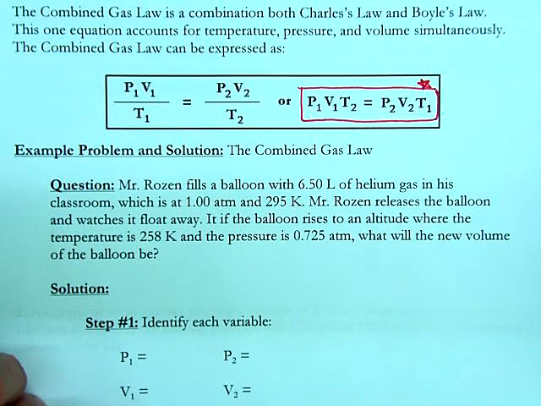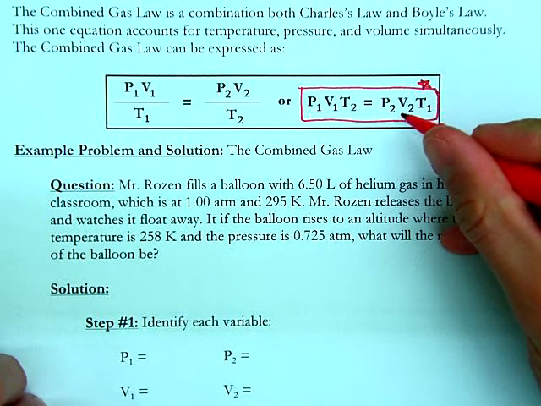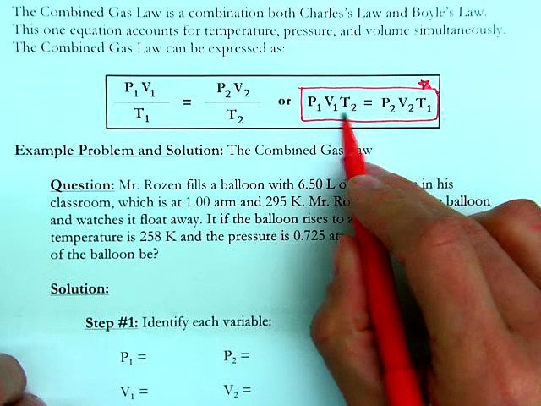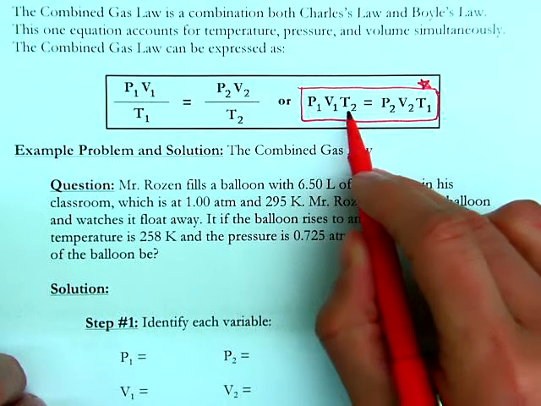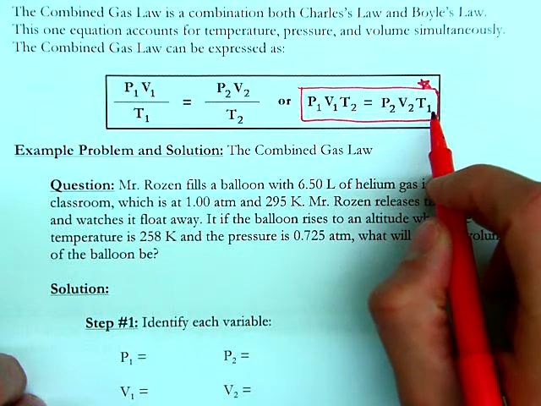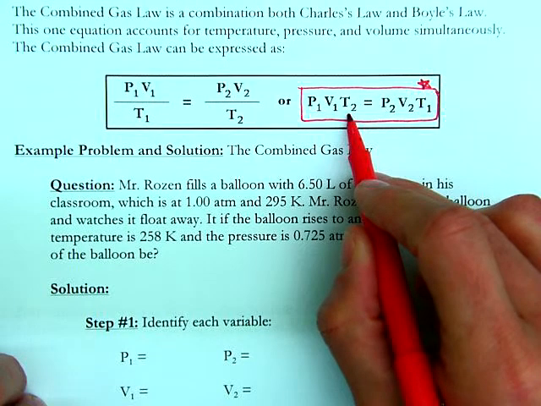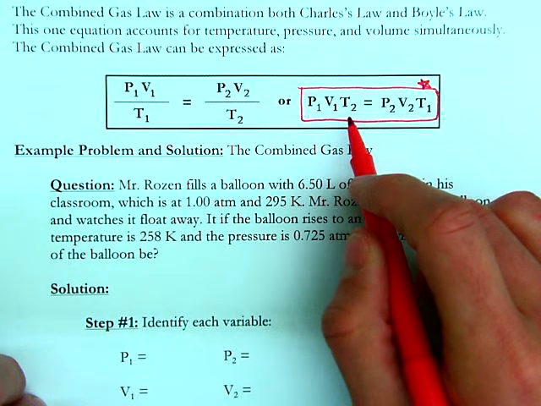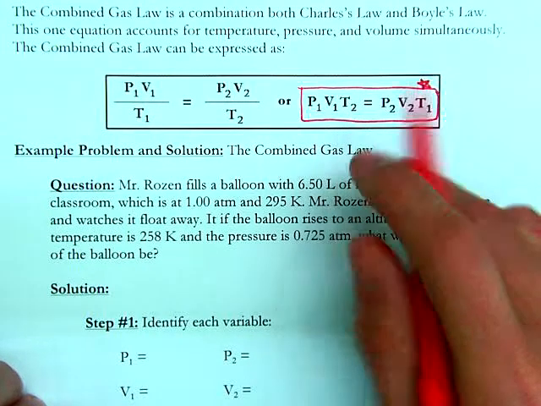It's a one-step division problem when you set it up this way. It's common for students to write P1, V1, T1, P2, V2, T2, but you need to know the temperatures are switched. Also, a note on temperatures: always make sure you're in Kelvin.